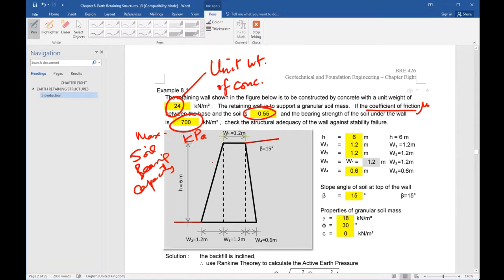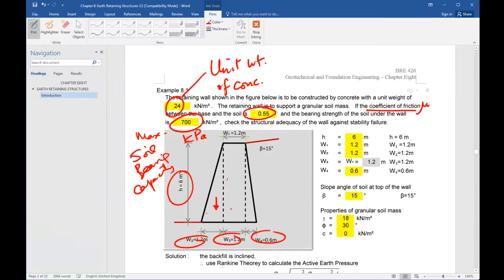Okay. Now, I don't want to go into the detailed calculation, except outlining the design principle, right? Now you know the height here and all these dimensions.